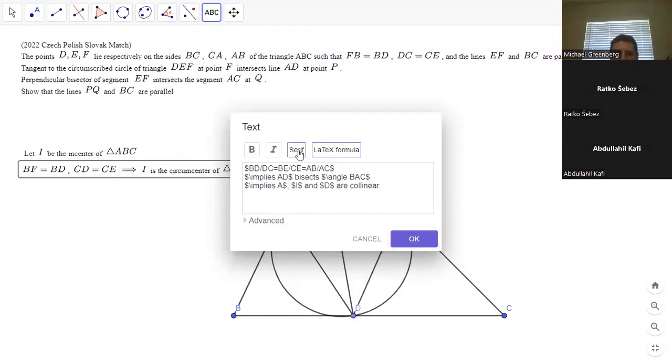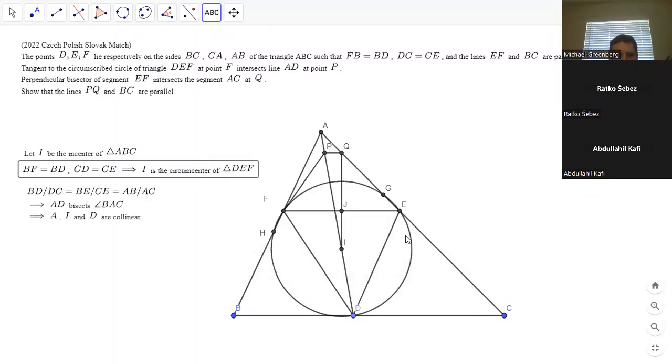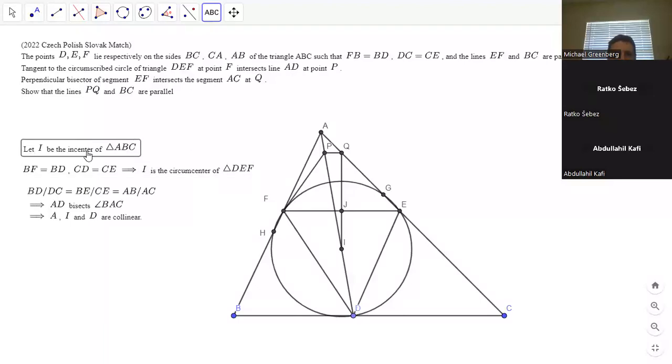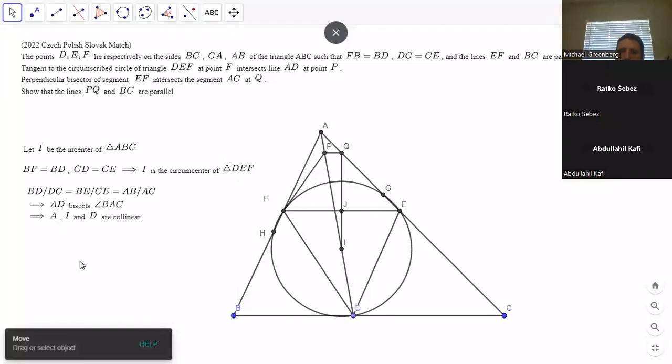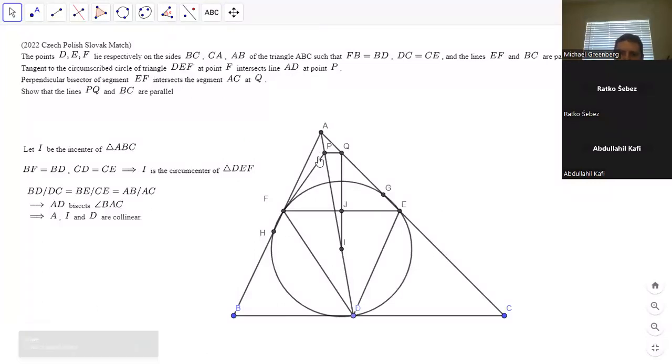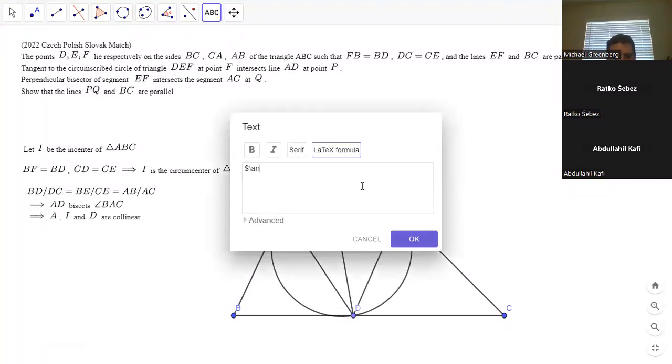All right, so that's step one. And then we'll try to show P is the incenter of AFQ. So angle PFQ is PFE minus QFE.